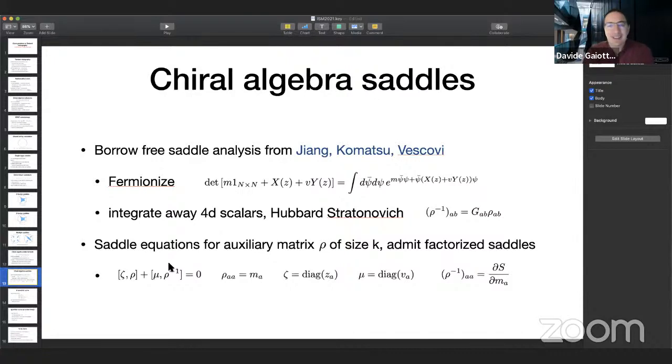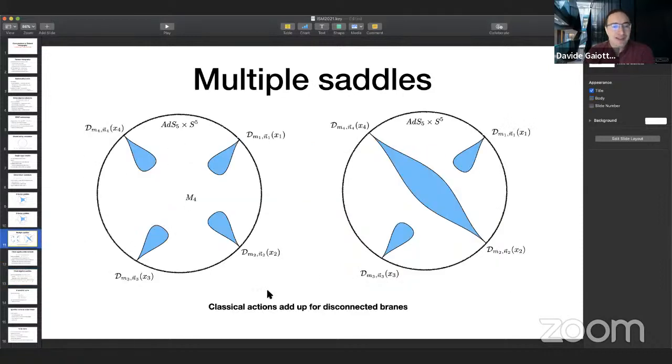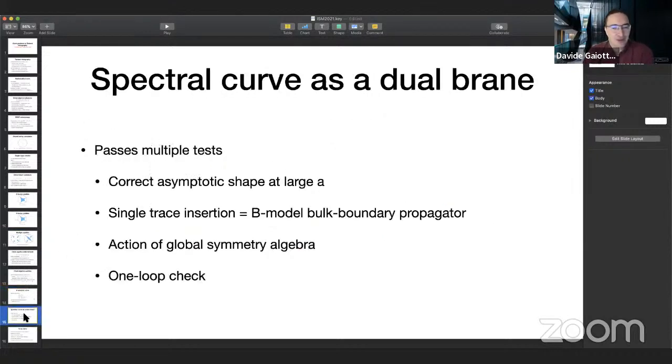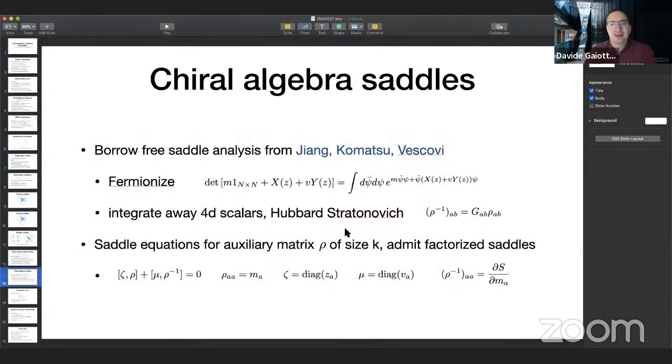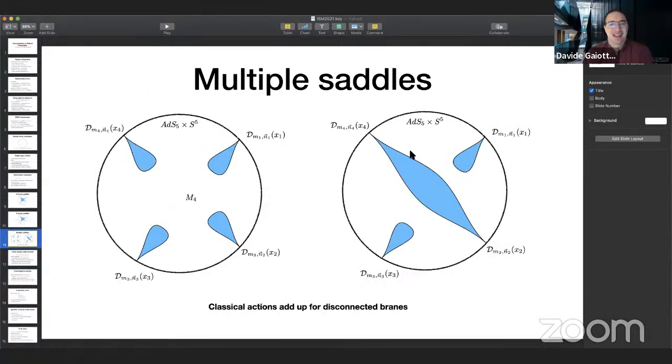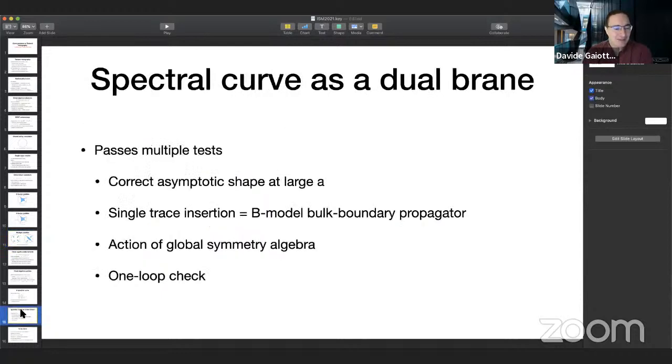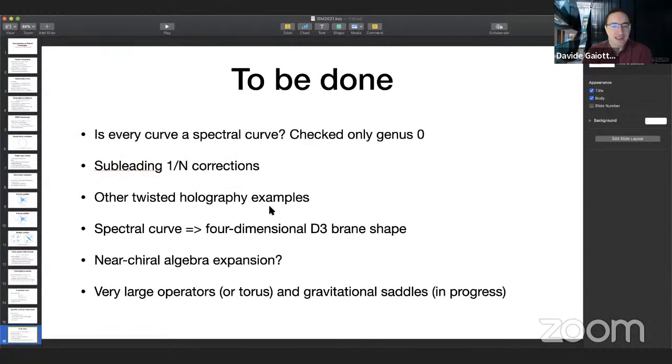If you do the standard Hooft expansion of the correlation function, what you land on is this saddle where all the D-branes are disconnected. And this procedure of integrating in auxiliary fields and looking at the saddle of rho somehow allows you to explore other saddles, but I don't fully understand how the Hooft expansion works in that context. I think it would be nice to understand it a bit better.